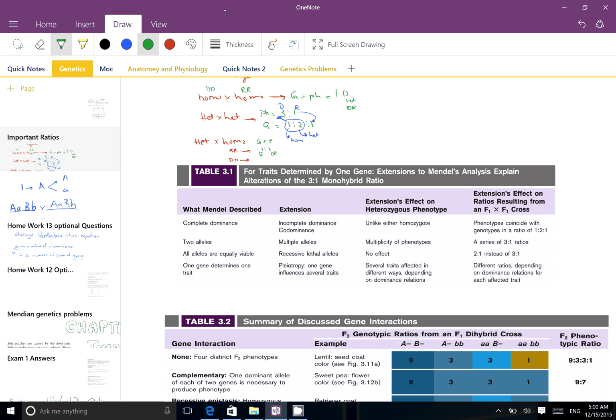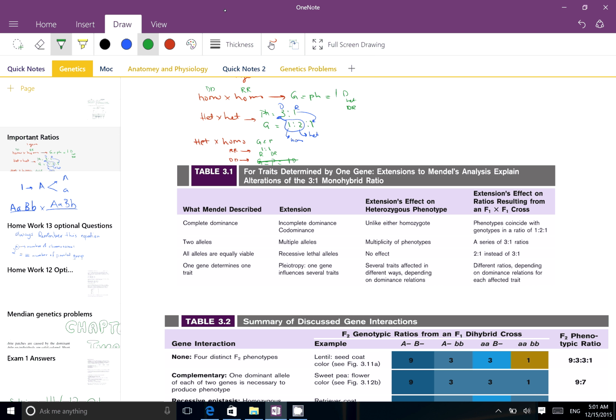And then if the homozygote was dominant and it's crossed with the het, then your genotype is equal to your phenotype again, which is equal to 1. All of them will exhibit the dominant trait, and they're also going to be carriers for it. So I apologize for that.